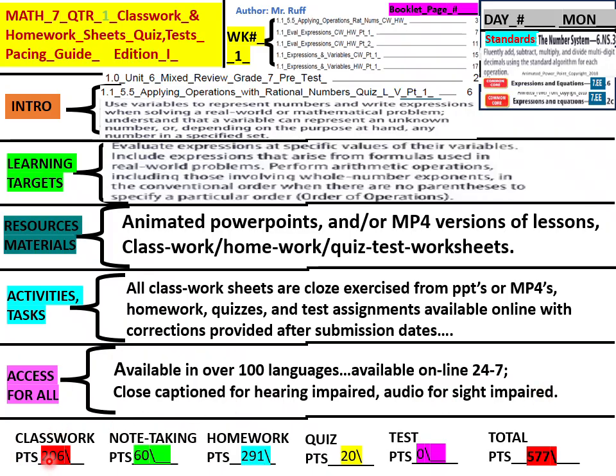For our points: classwork points, 206 for Week 1, 60 points in note taking, 291 points of homework, 20 points of quiz work, and 0 test points. Our total for Week 1 is 577 points for Week 1 of Math 7 Quarter 1.